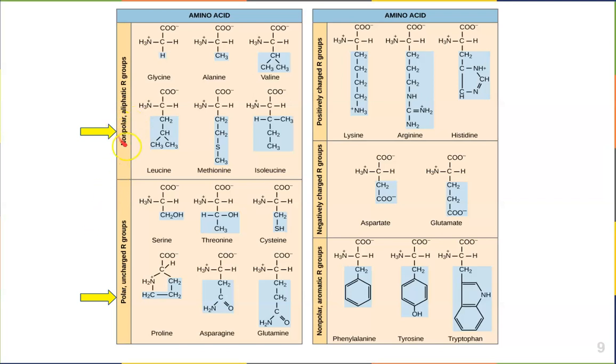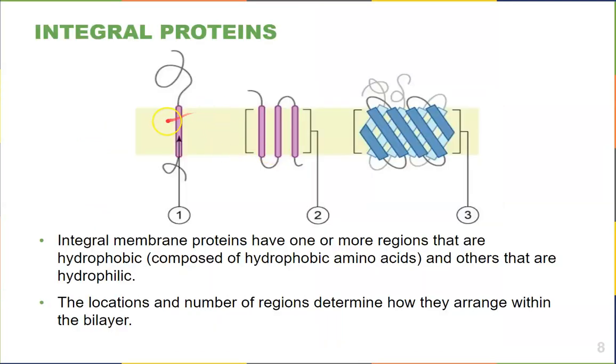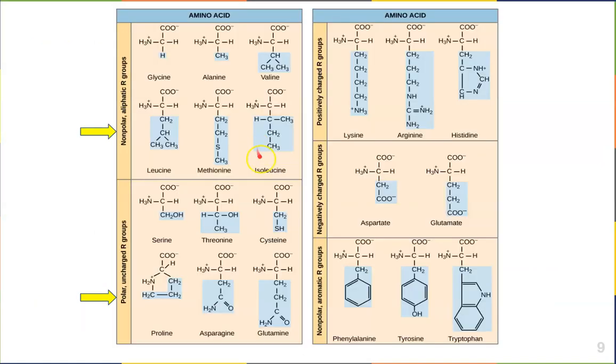A non-polar amino acid is going to be perfect to be situated inside of the membrane. So if this is one long protein strand, this will be a repeat of non-polar amino acids here. And then on the exterior, you'll probably have polar amino acids, or something that would like to be on the outside. So just keep that in mind when we talk about proteins.